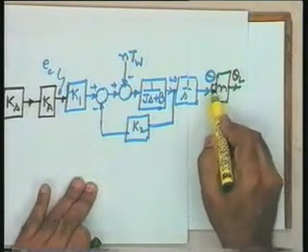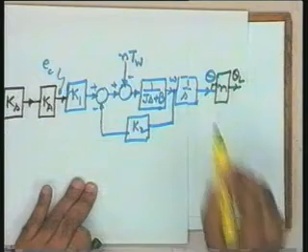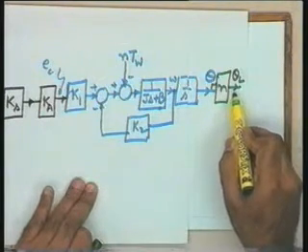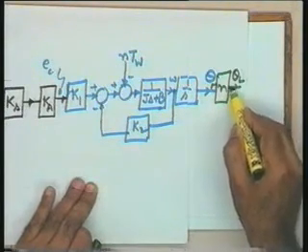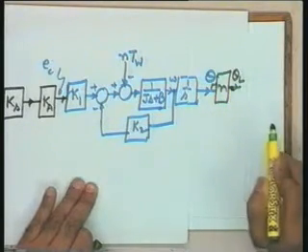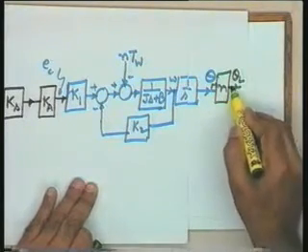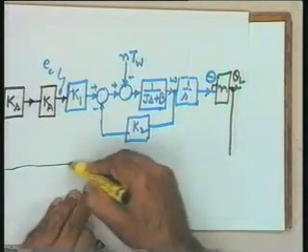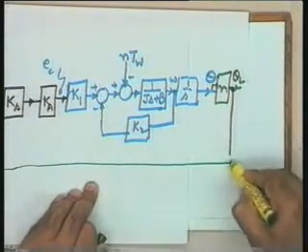This is theta m, the motor shaft position. I am putting a gear ratio N over here. This is theta L, the load shaft position, and to the synchro error detector, it is the load shaft position which is being fed back, and therefore I connect this and take it to the error detector and complete the block diagram.